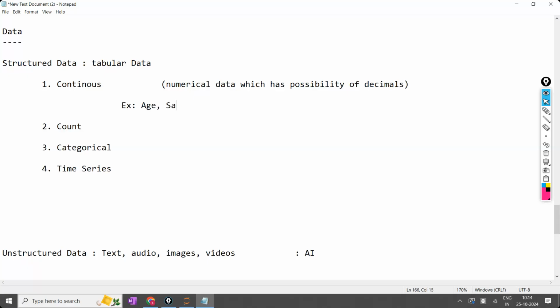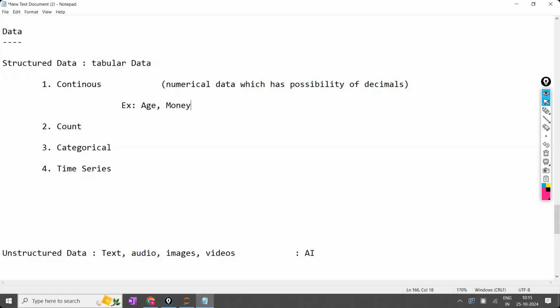And money, in terms of salary. If you take the salary of a person, 65,000 and 5 paise. Wherever money comes, paise also come into the picture. Money related anything. Here in India, we are not having paise in the salary, but in the US, cents are still available in the salary, because they are going to reduce the tax.